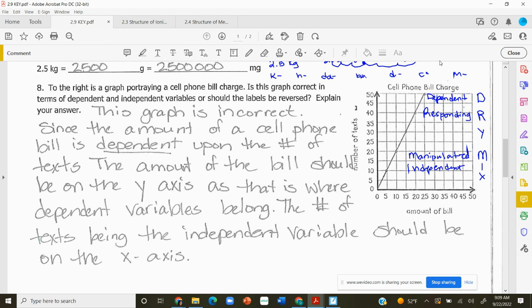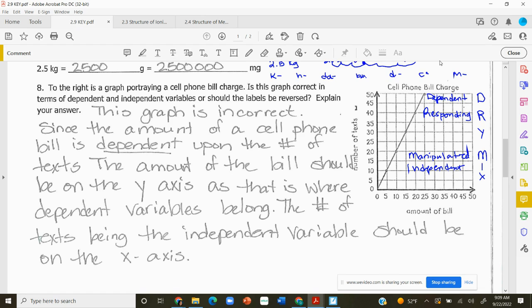So how do we figure out what that is? Which one of these is dependent upon the other? Well, the amount of my bill is dependent upon the number of texts. So in this case, this graph is wrong because back in the day, they used to charge you per text. Crazy, right? Now it's kind of unlimited and nobody ever gets charged for extra.